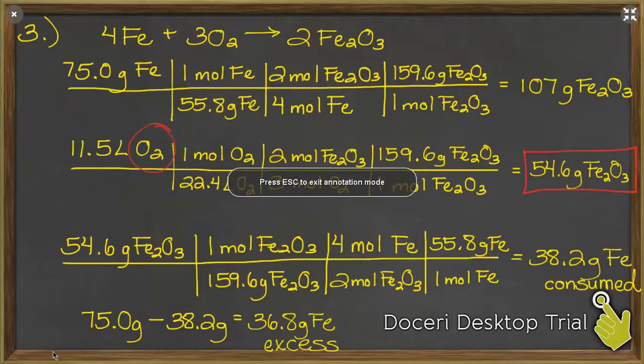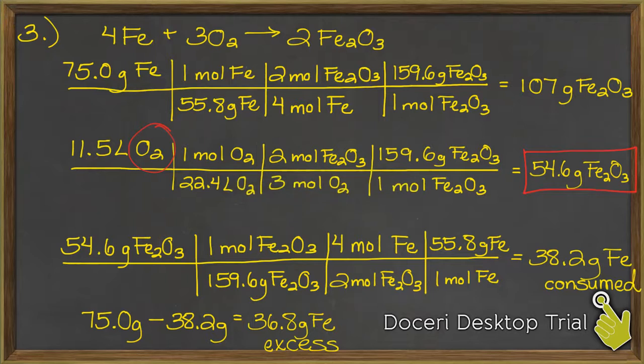Okay, let's look at part B. Here's part B, and this was part A. To refresh your memory, in part B I took the smaller amount of product, the correct amount of iron oxide that we were going to get, and converted it back to the excess reactant, which is iron.